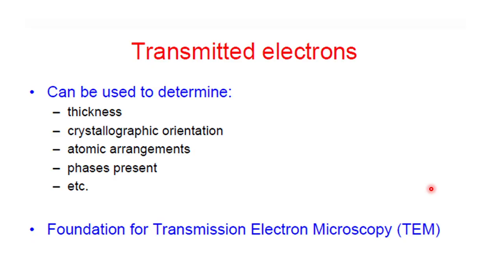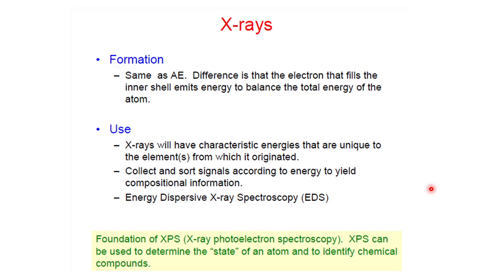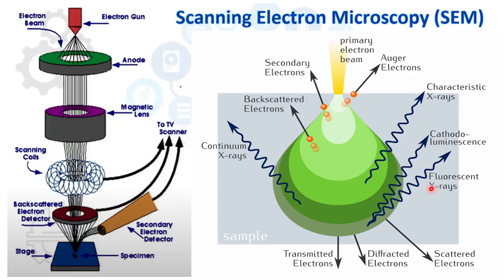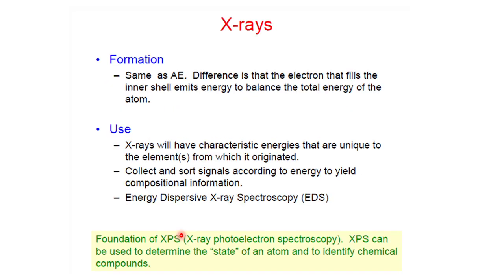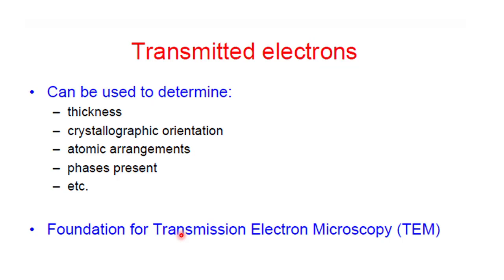The next is transmission electron microscopy. That means whatever incident electron beam is coming, it penetrates through the sample. I think it is not given here, so next week we will give an image of TEM.